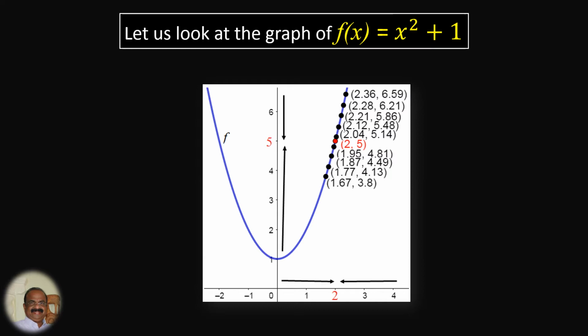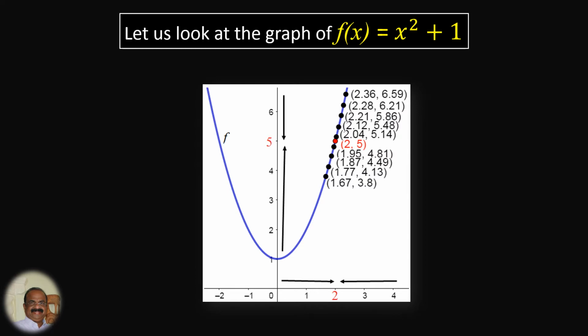We notice that if you approach the x value 2 from the left, that is 1.67, 1.77, etc., all the x coordinates approaching the number 2, then the corresponding y coordinates starting from 3.8, etc., approach 5. So from the left, x approaches 2, y approaches 5.